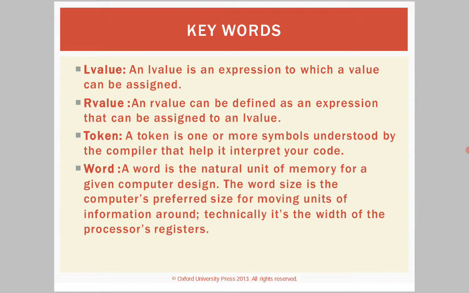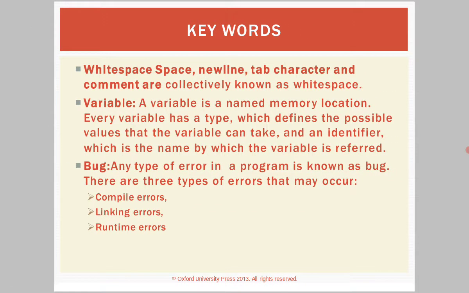Token, what is a token? A token is one or more symbols understood by the compiler that help it interpret your code. Generally, tokens are some reserved words or some symbols, used by the compiler to identify things quickly.